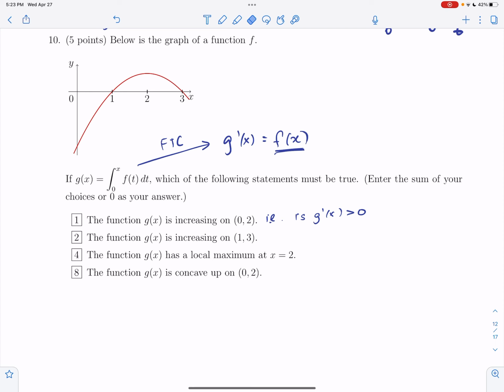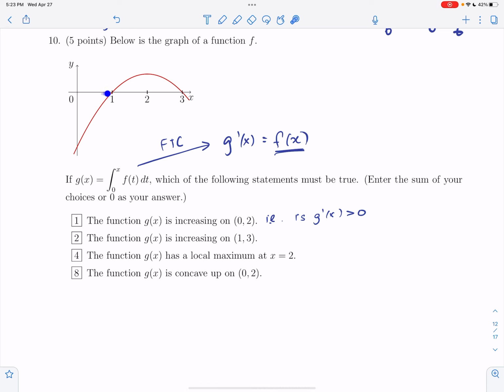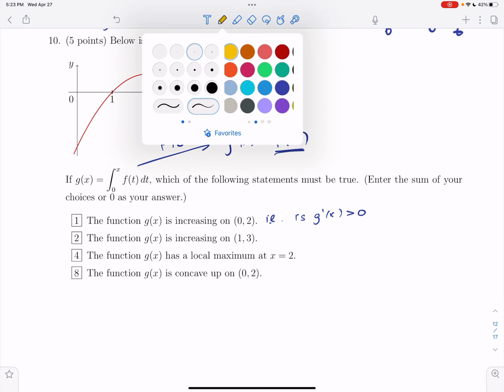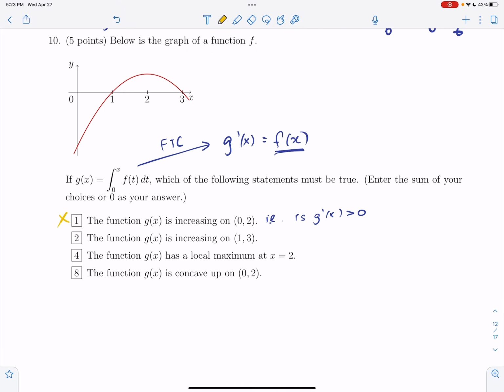So in fact, whether you look at it this way or just looking at the net area, g decreases from 0 to 1. And then at 1, it is the lowest it can be. And then you're adding positive numbers, increasing and increasing values, to that value of g of 1. Okay? So this is wrong. It is not increasing. Okay.